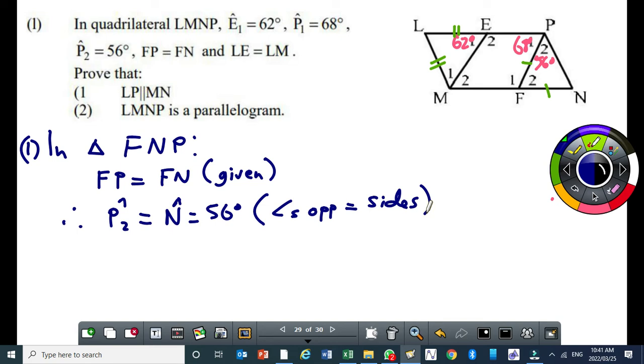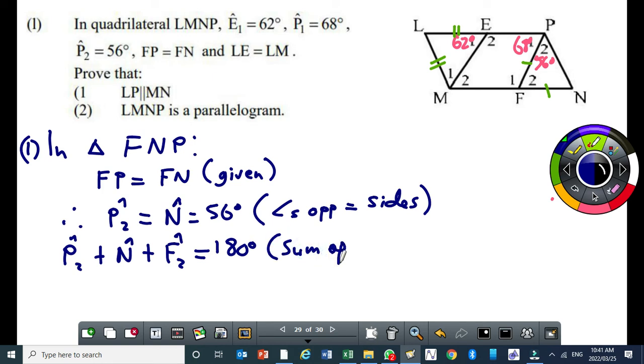Then I'll say P2 plus angle N plus angle F2 will give me 180 degrees. And the reason for this is sum of angles in a triangle.